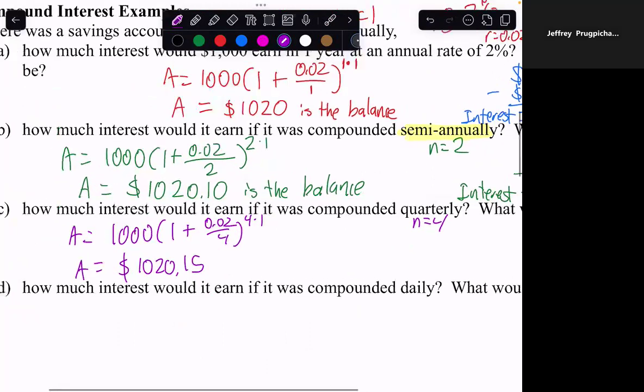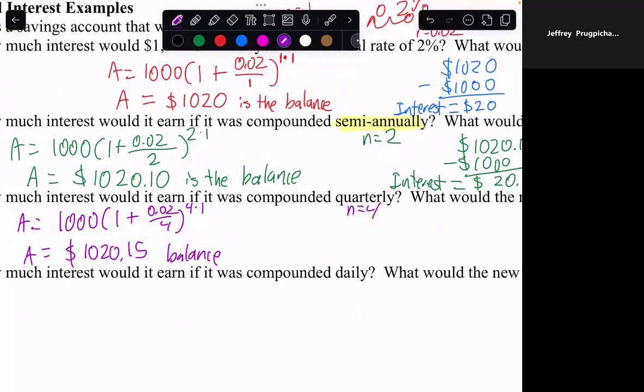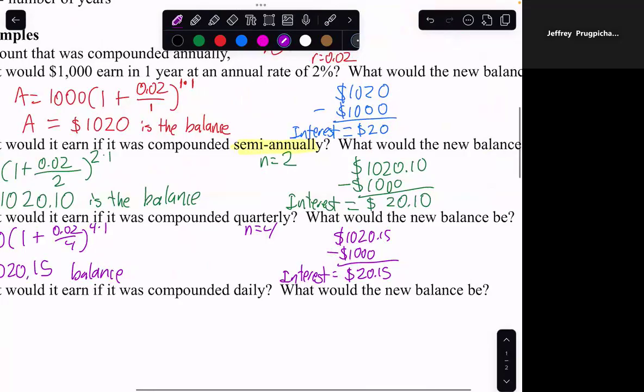So that means that the interest is that minus the original 1,000. So still not a very big increase, right? Going from once per year to 4 times per year only gained you 15 cents.